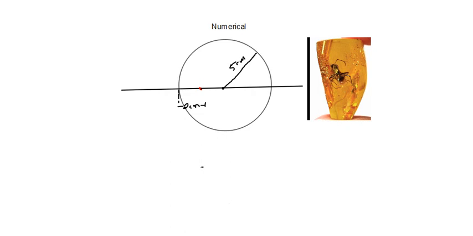So we are the observer here. This is the observer who is looking at the object from N1 medium, and this is N2.